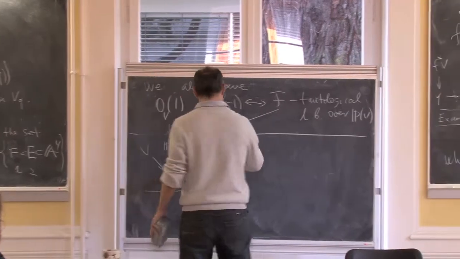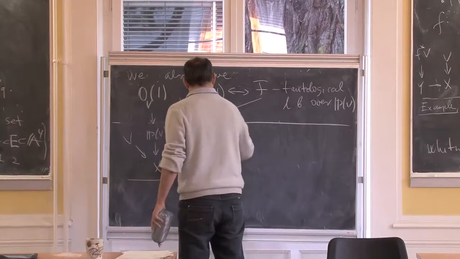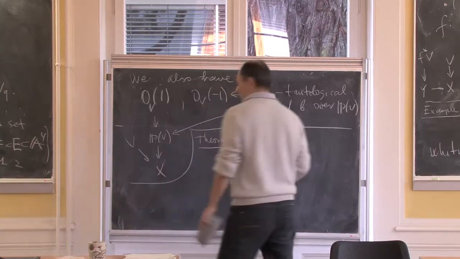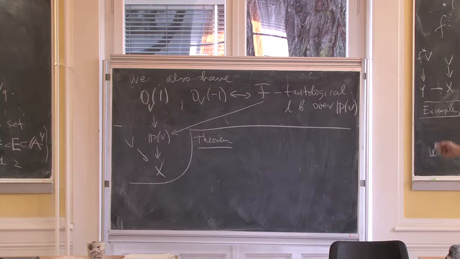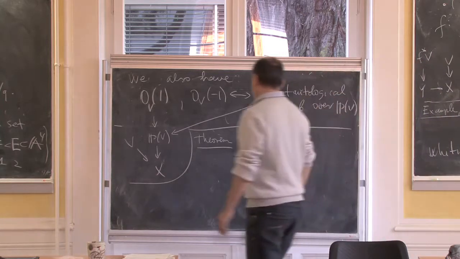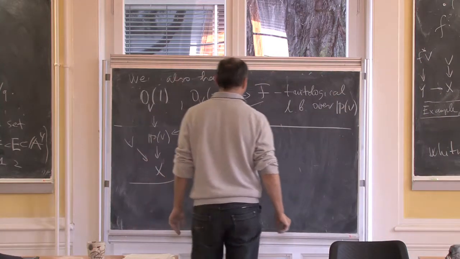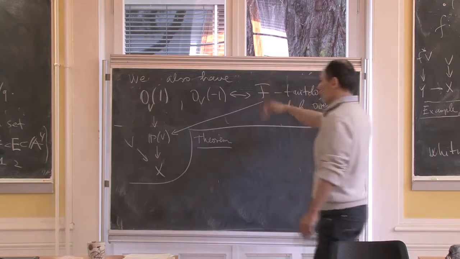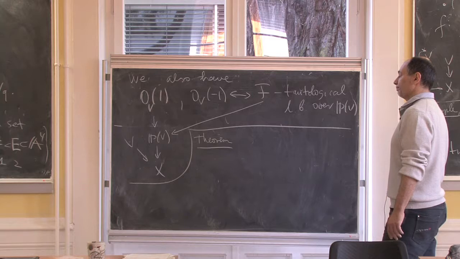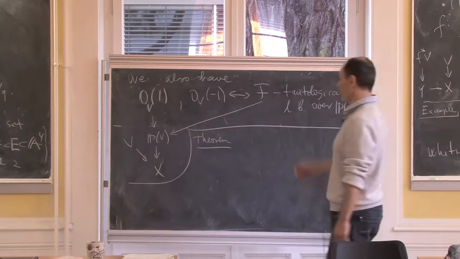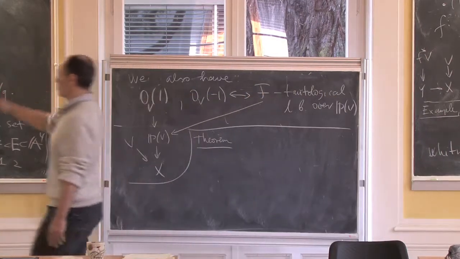So the theorem says the following. And I think in topology it's called the Leray-Hirsch theorem. But the key point is the following. It's now a generalization of what the Chow group of the projective space should be. We're going to describe the Chow group of this thing.